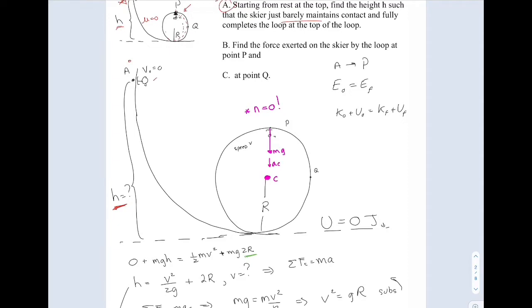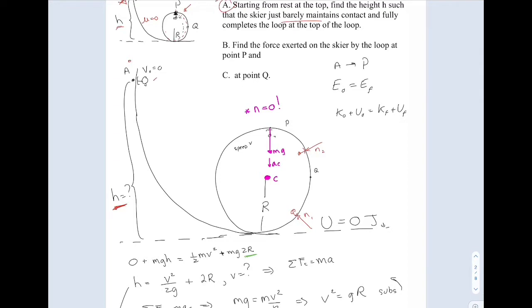Now, we had our go-to energy expression: about the only way the energy can change is if there's non-conservative forces that do work. And I could draw the skier at other places like here. So the normal force would act on them there. Here's the skier over here. Normal force would act on them there. I'll call this N1 and N2. Those normal forces are different, right?